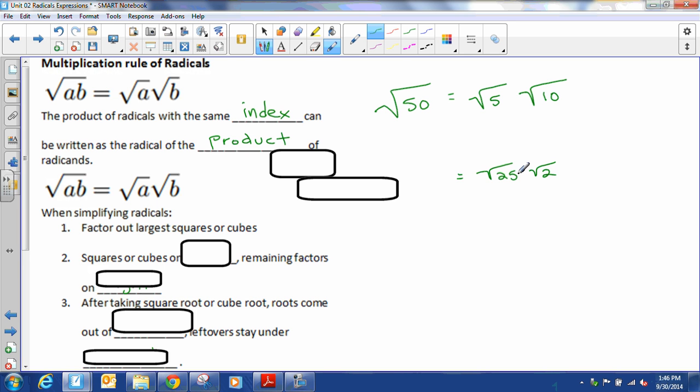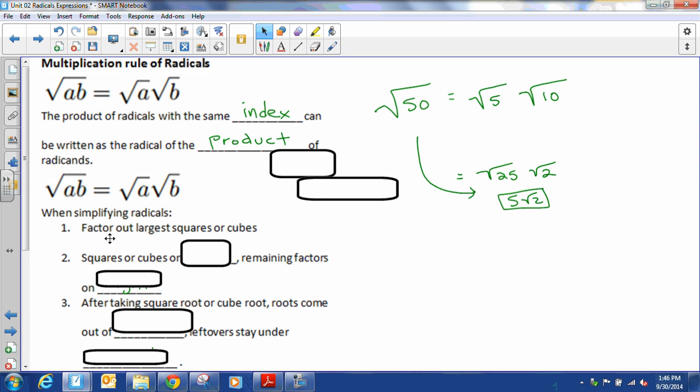Now, which one of these is the better factorization? Well, the second one is because we can simplify. We know that the square root of 25 is 5. Square root of 2 stays square root of 2. And therefore, by using the multiplication rule of radicals, we have simplified radical 50.